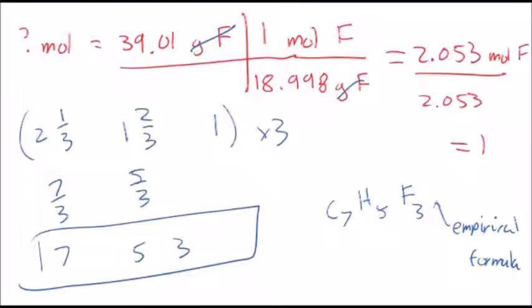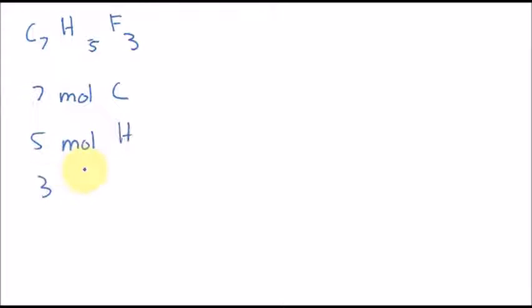So our empirical formula is C7H5F3. Okay, so we're assuming we have 1 mole of this. So 1 mole of this is going to have 7 moles of carbon, 5 moles of hydrogen, and 3 moles of fluorine.